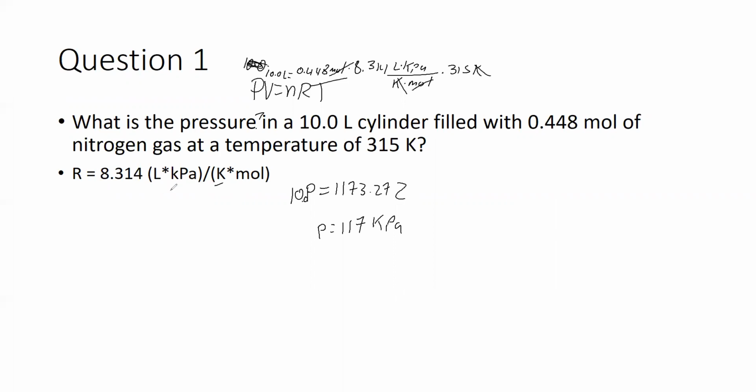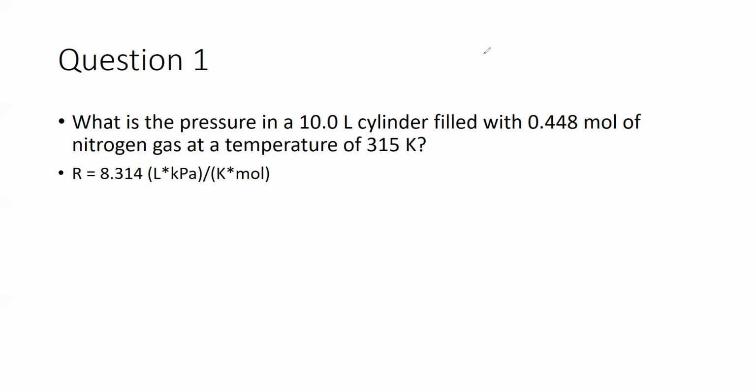The thing that changes the most for the gas constant are your volume and pressure units. So when selecting your R, you use the same units. You can't be mixing a kilopascal with an atmosphere.